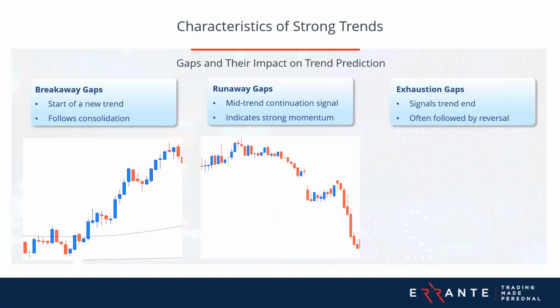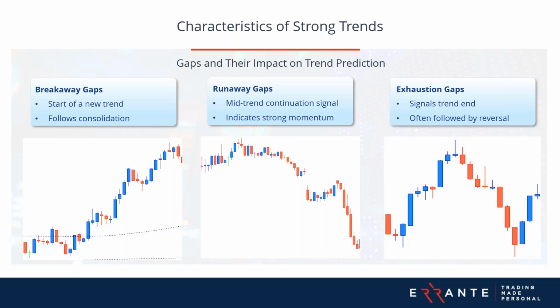Next, we have exhaustion gaps. They appear at the potential ends of a trend and can precede a reversal. Unlike the other types, these gaps may not always align clearly with the trend's direction, serving as a cautionary signal for traders. Recognizing an exhaustion gap is crucial for preparing to exit positions or for anticipating a trend reversal. This allows for strategic adjustments to capture potential gains from the forthcoming change in market direction.